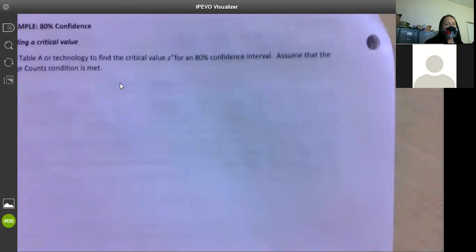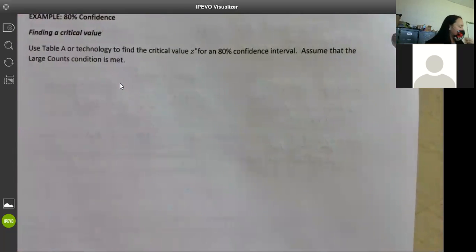We can either use table A or technology to find the critical value Z star for an 80% confidence interval. Assume that the large counts condition is met.